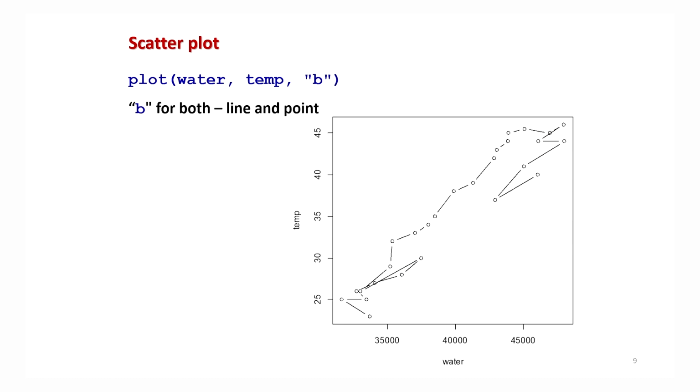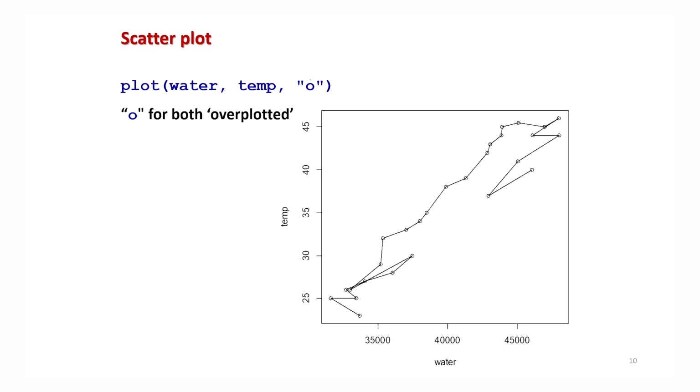Now, in case you use both, then type will become b, and I can say here line and both will be plotted. So, you can see here these are the points, and then they are joined by this line. And similarly, if you use type is equal to o, that means overplotted, then these lines are overplotting those points.